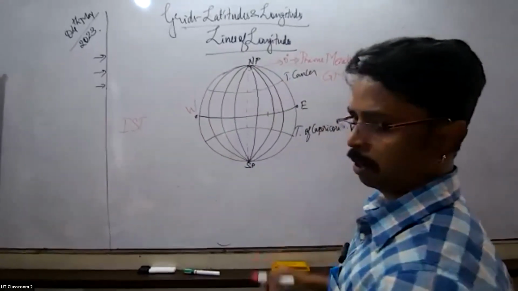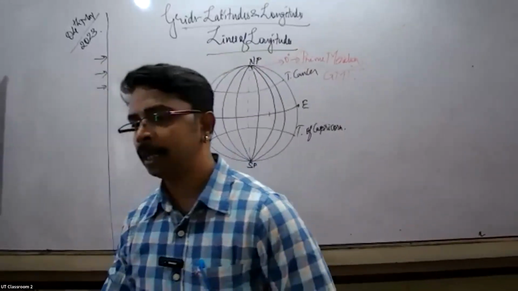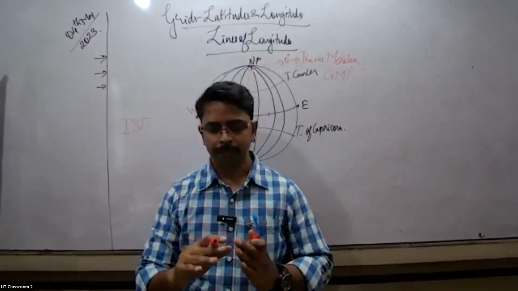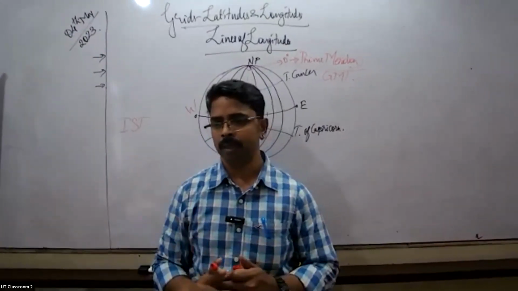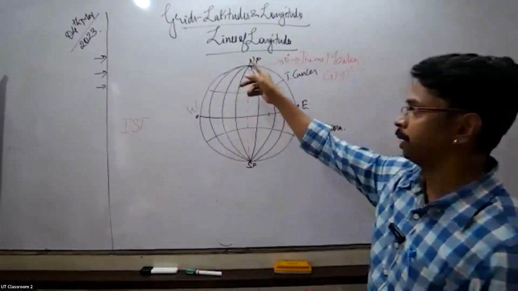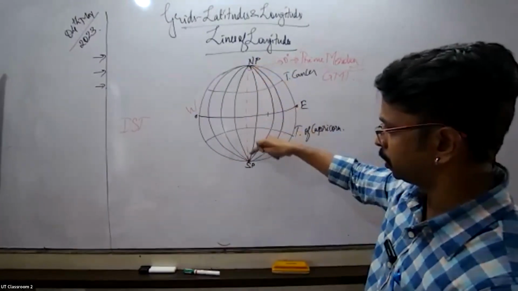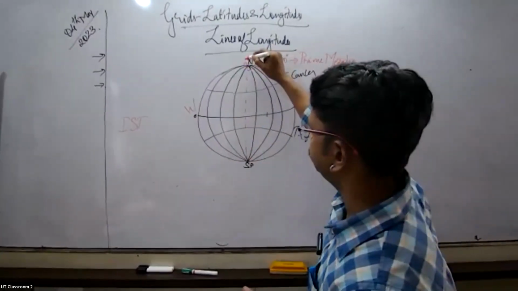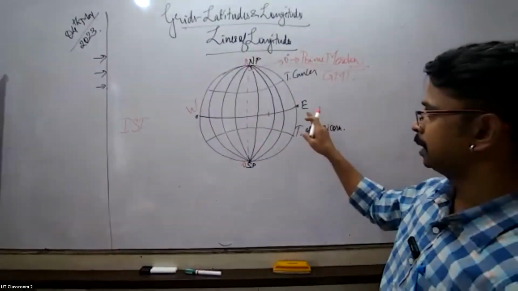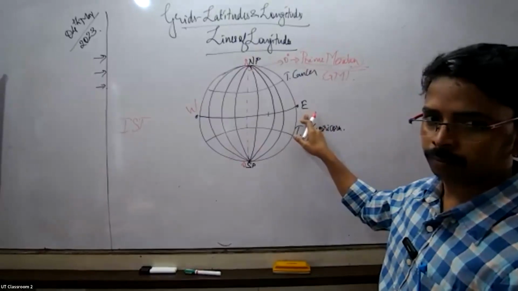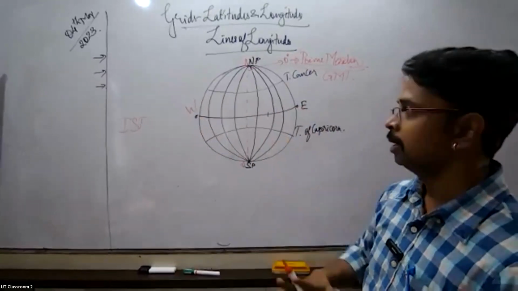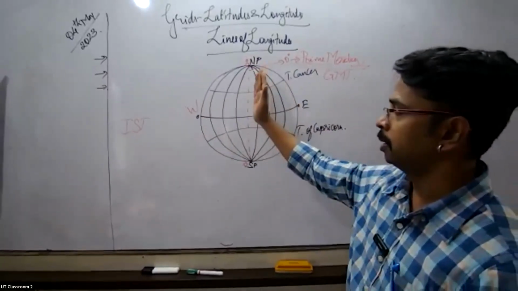What is GMT? Greenwich Mean Time. Greenwich is a place a little bit away from London. So normally we take the first longitude, which is 0 degree, as the prime meridian. Whereas here 0-degree is known as the equator.